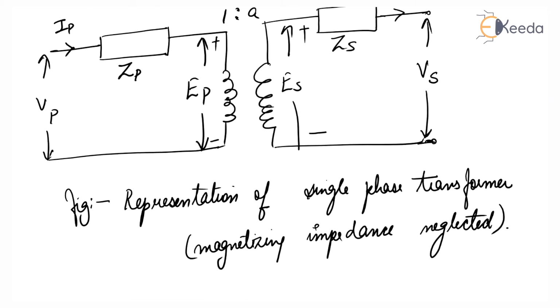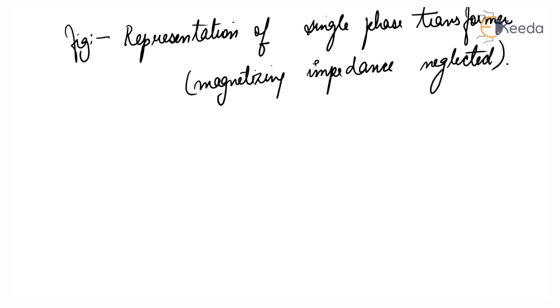Why 1:A? Suppose the number of turns on the primary side is N1 and the number of turns on the secondary side is N2.